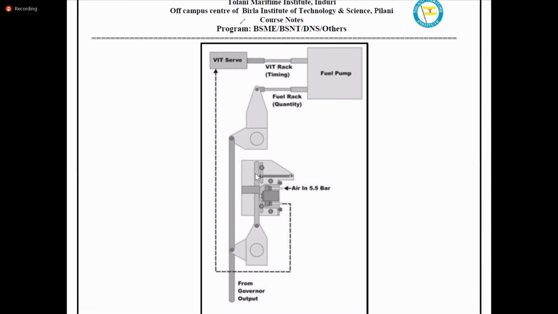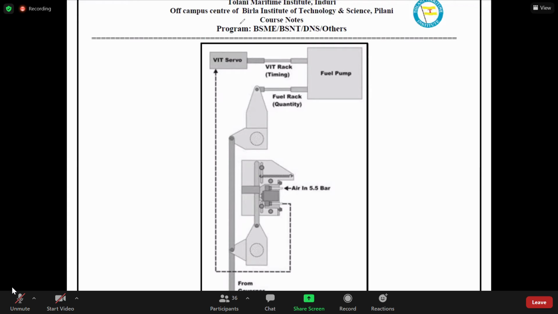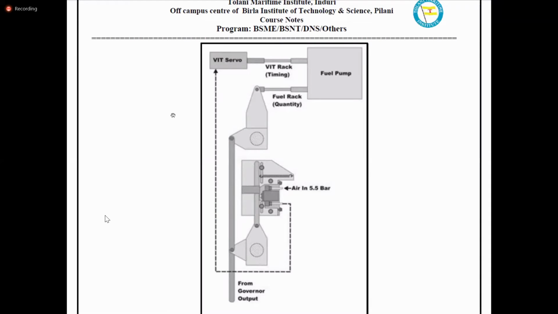Yes, sir. Okay, now I'll come back to the Sulzer. Sir, one doubt. The barrel is moving up and down with the movement of the rack. Then, sir, those two valves, the spill valve and suction valve, will also move.